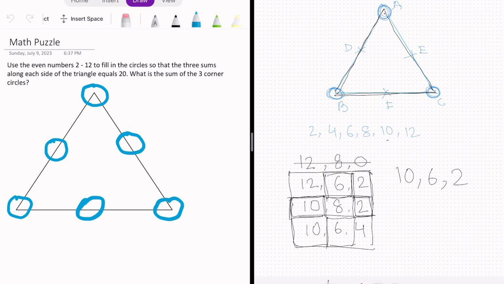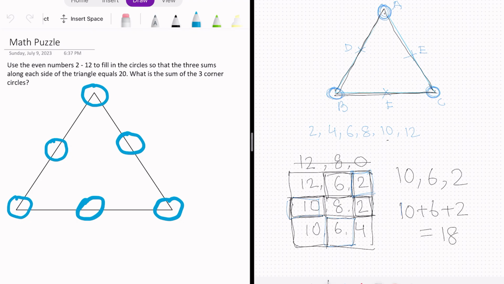And from the table here, like I said, the unique numbers are 2, 10, and 6. So if I have these in the corners, the others would have to fit in to make the numbers 20. So the sum of the corners would be 10 plus 6 plus 2, which is equal to 18.